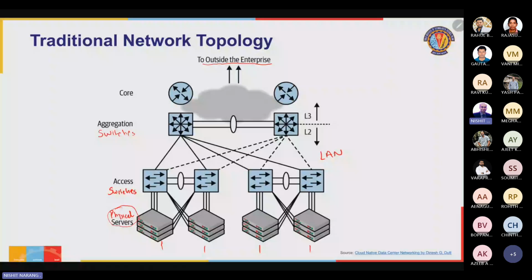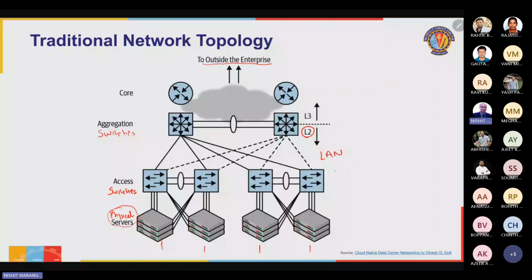Okay? And that's what we see even in the traditional data center network topologies. The access switches are actually layer 2 switches. They're like your standard Ethernet switch. Everything below the aggregation switch, when it communicates to the access switches, and similarly, the access switches when they communicate with the physical server, is all layer 2 switching.